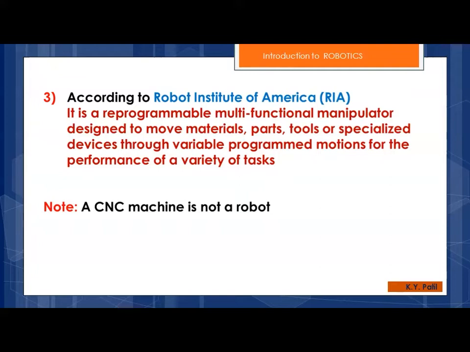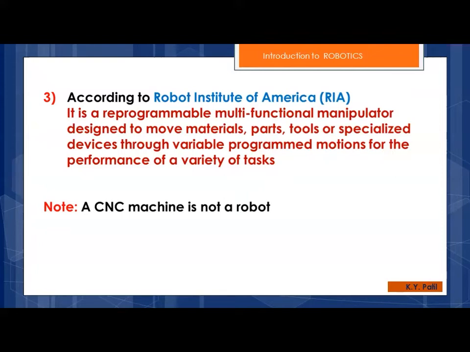Now, another very popular definition is given by RIA, that is, the Robot Institute of America. They defined the robot as follows. It is a reprogrammable multifunctional manipulator designed to move material, parts, tools, or specialized devices through variable programmed motion for the performance of a variety of tasks.